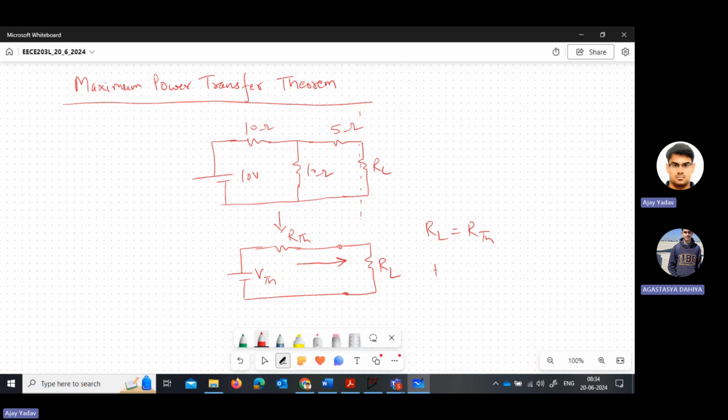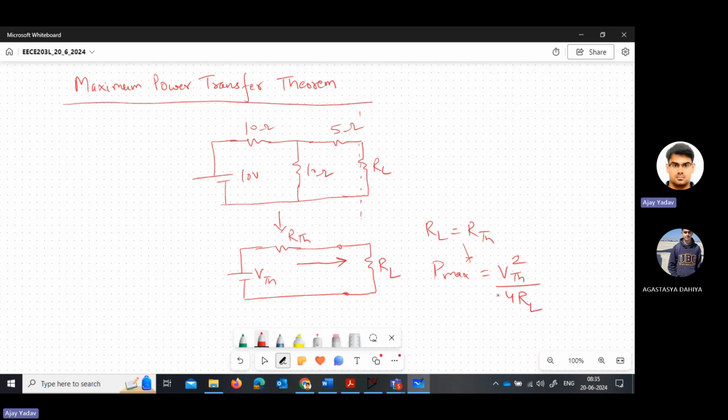And that maximum power, P maximum, will be VTH square divided by 4 RTH, or 4 RL, whatever you write, because only after this condition can you say that this is maximum power transfer.